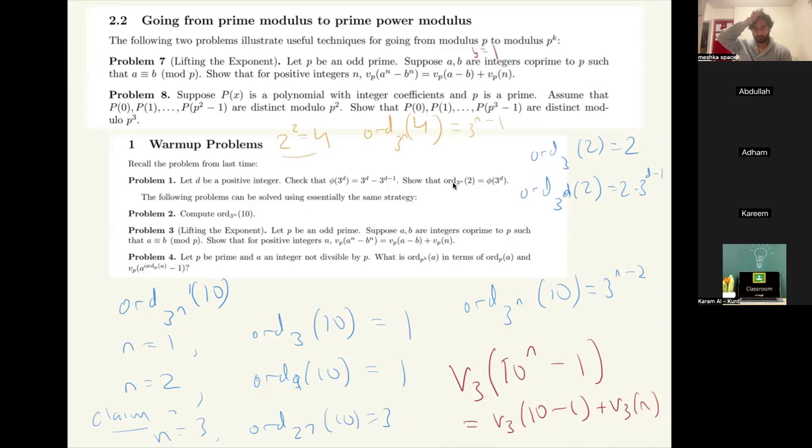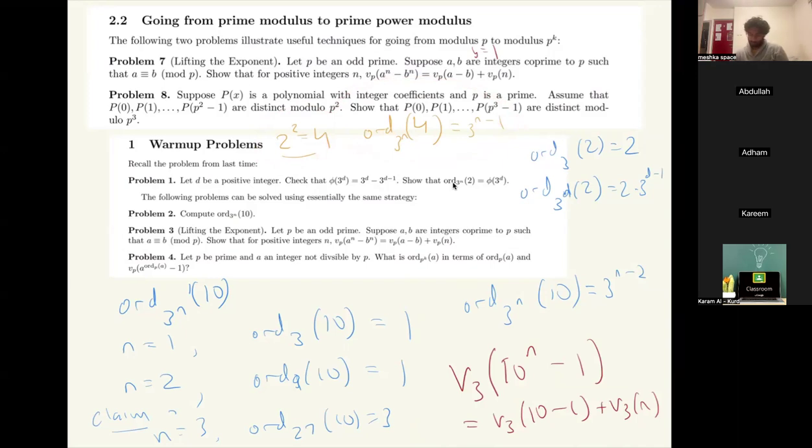Because when we multiply, we add, and lifting the exponent. What I'm saying is, once you know this, you can calculate the order of 2 as well. By induction?